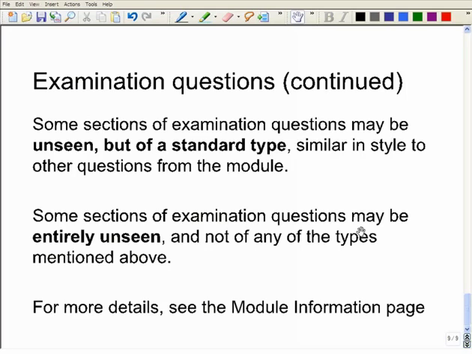And those, of course, are usually the hardest bits, something that's more significantly different from anything that you've seen exactly before. Again, I regard those as getting more credit per word you write because it's harder if you haven't seen it before. And there'll be some of those on the exam as well.